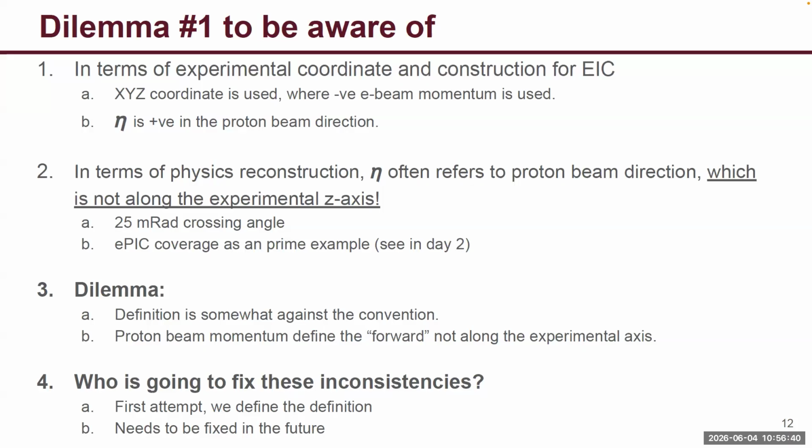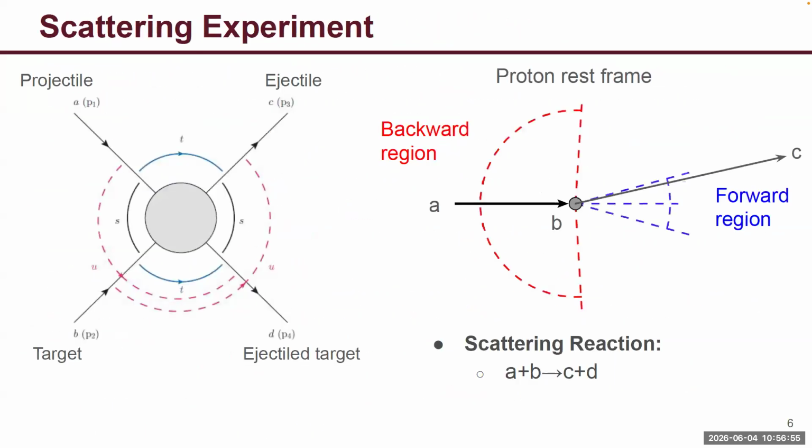If you recall, there are two problems here. Our definition of forward is a little bit against the convention, because if you remember in this picture here, the proton is the target and the electron is the projectile, and the forwardness should be defined by the electron direction. But in the EIC case, we did the opposite. Make sense?